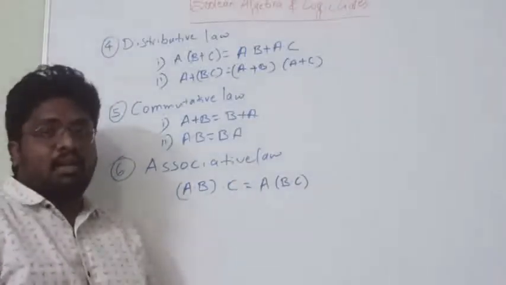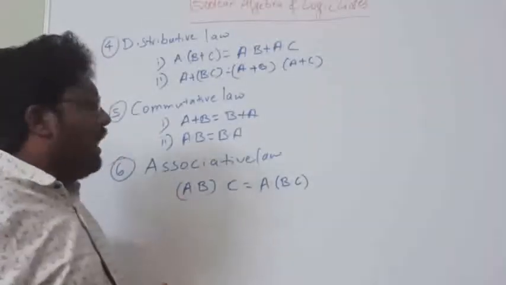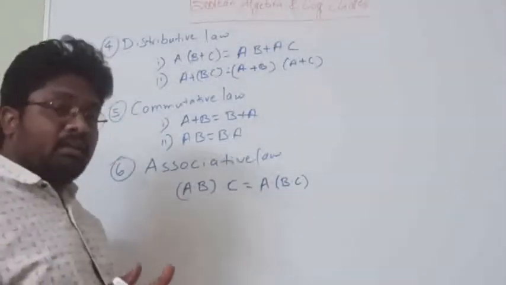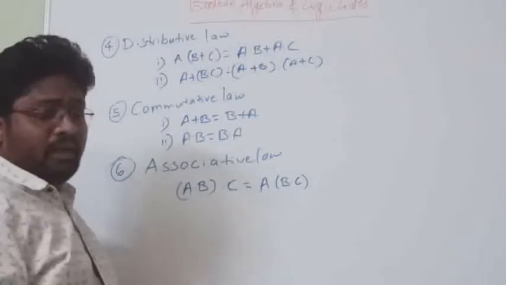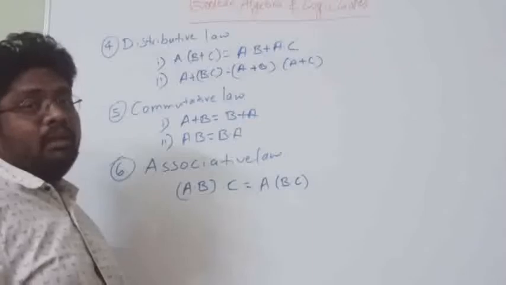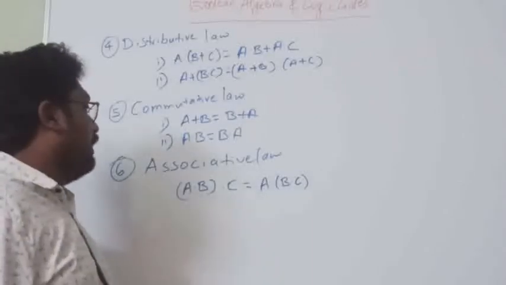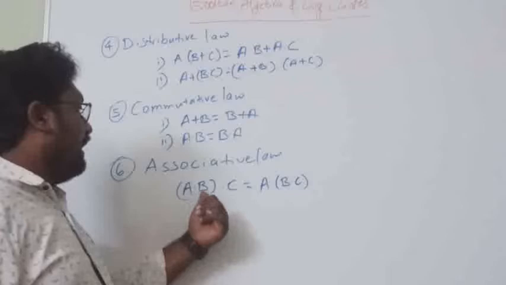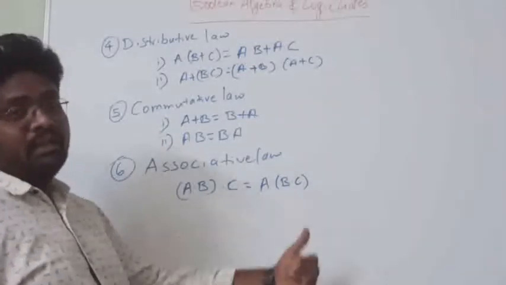For commutative law, if you are taking the two variables A or B, then the output will become B or A. And if you are taking the AND, that is A and B, then the output will be B and A. The next one is the associative law. So A and B and C is equivalent to A and B and C.